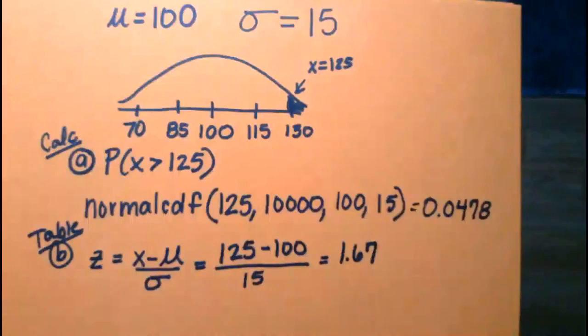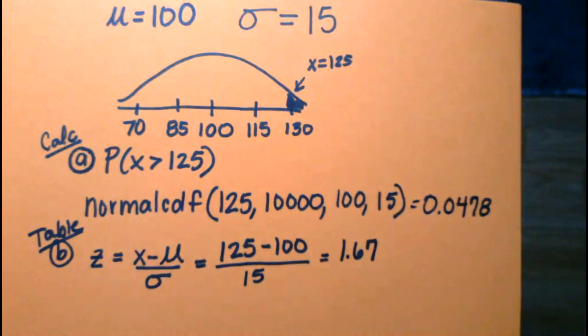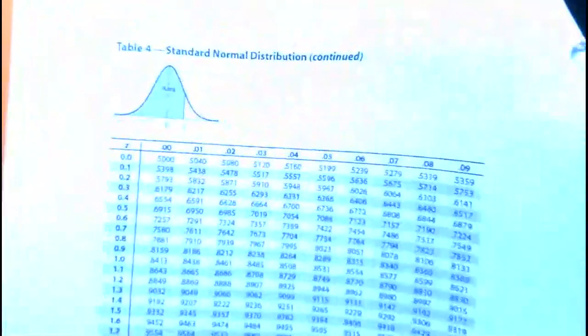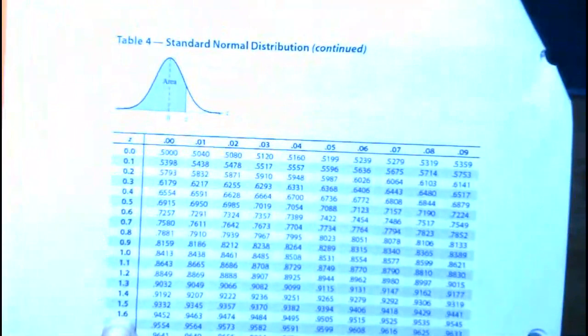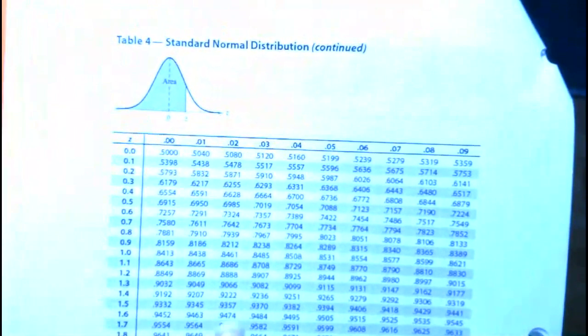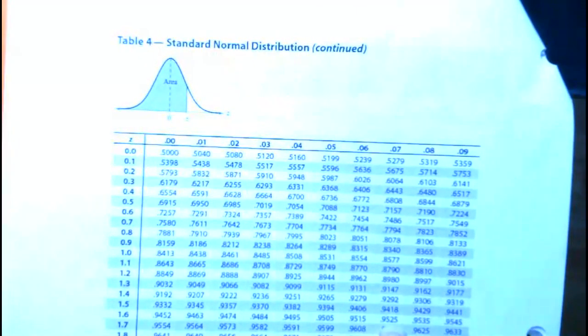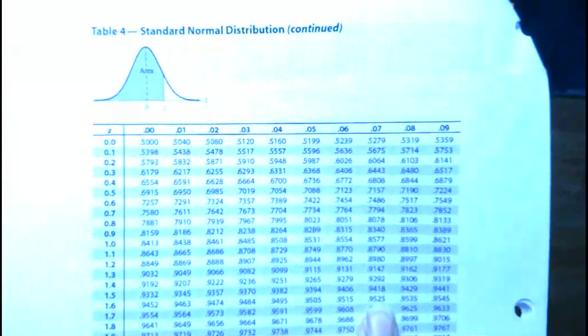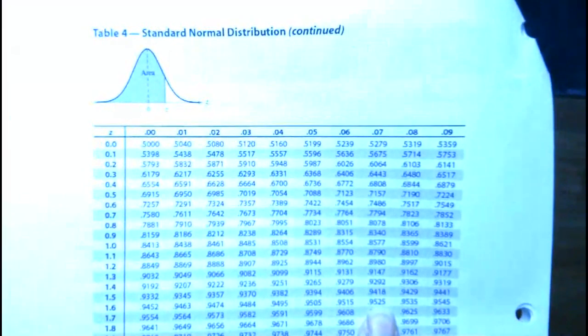I've got that formula on my chapter 5 formula sheet as well, just in case you forget. This is a positive z-score, so I'm going on the right side. So 1.67. 1 minus 0.9525.